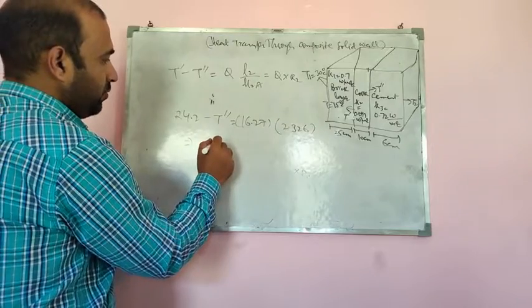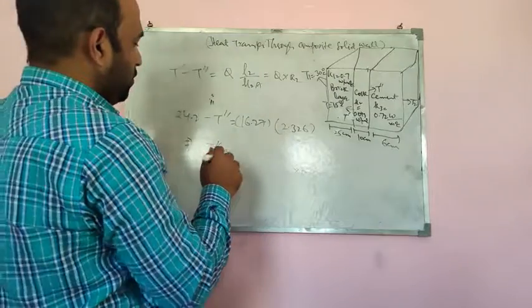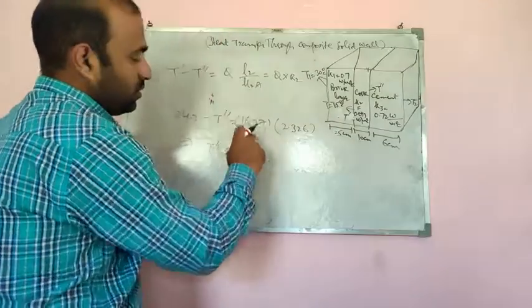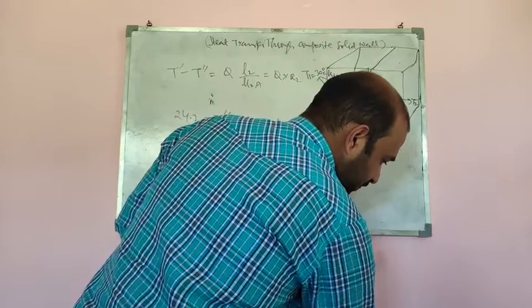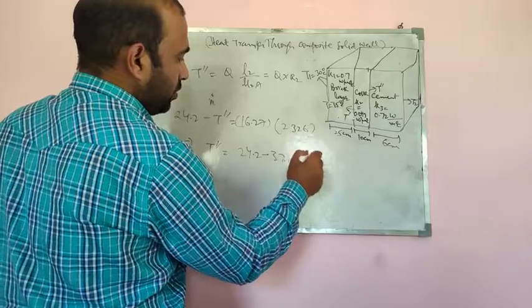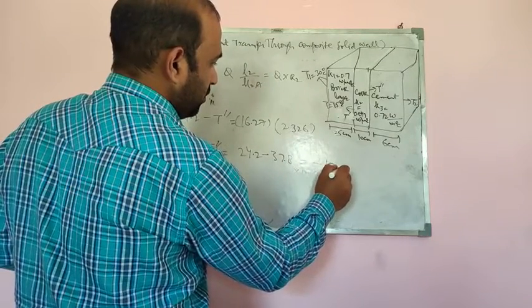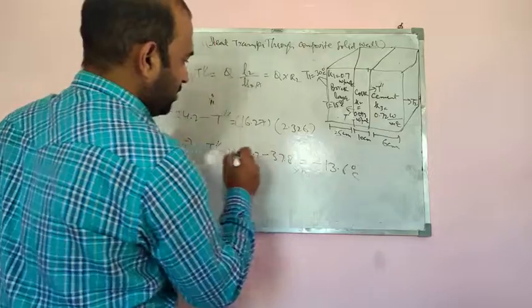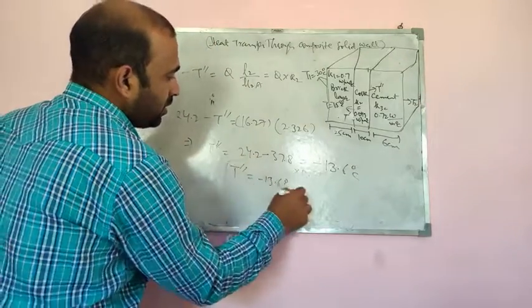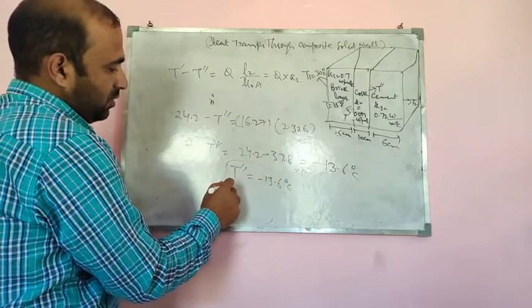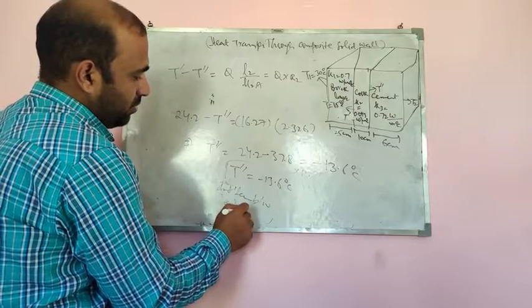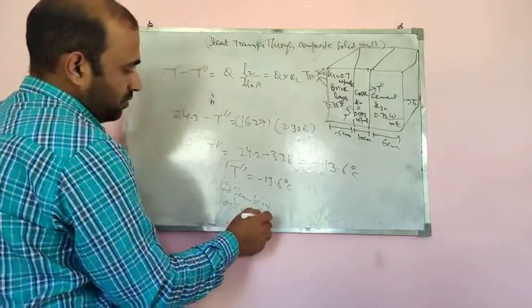From this, T double dash is 24.2 minus 37.8, so it will be equal to minus 13.6 degrees Celsius. So T double dash is minus 13.6 degrees Celsius. That is the interface temperature between the cork and cement layers.